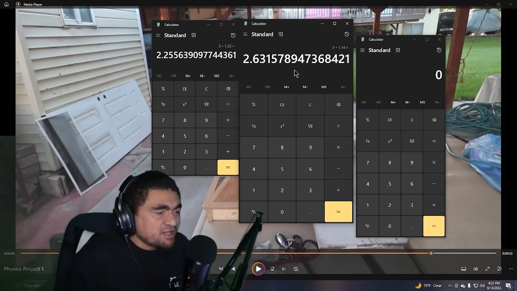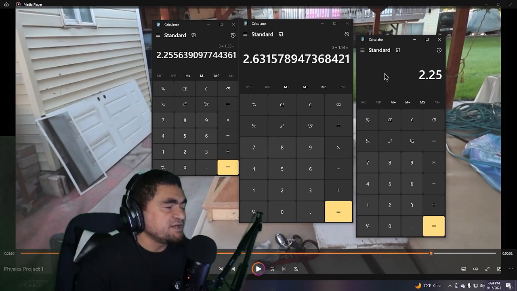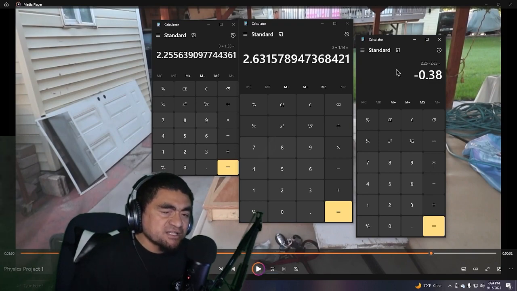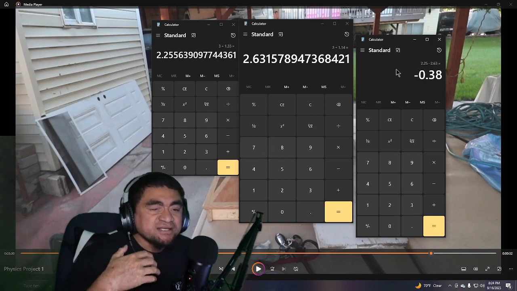That would be the velocity for the incline. I have this third calculator up just to see the differences. We take 2.25 and subtract it from 2.63, maybe I should have done it the other way around, so the difference would be 0.38 feet per second.